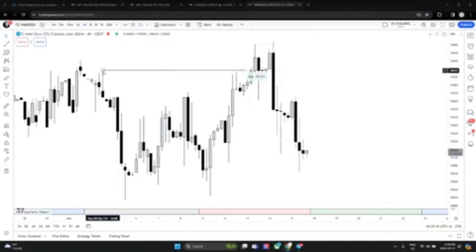Okay, so this high right here was the high of the first quarter of the month. So when we traded above this high during Q2, this trade above this high was sequential SMT.